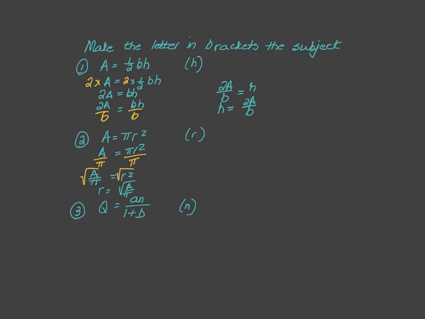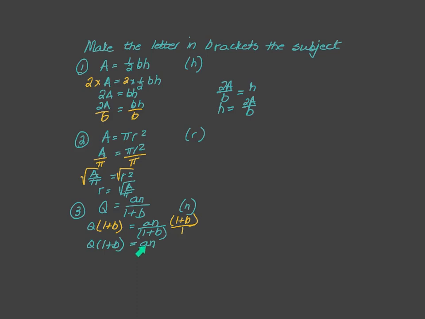Left-hand side, q multiplied by 1 plus b is equal to an over 1 plus b multiplied by 1 plus b over 1. On the left-hand side, you have q multiplied by 1 plus b. And on the right-hand side, the 1 plus b's divide out and you're left with an.